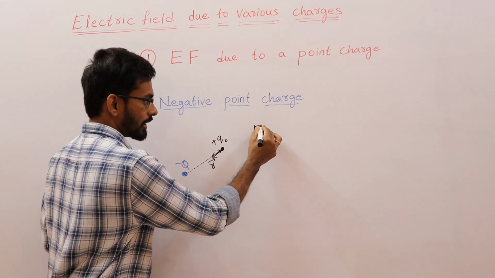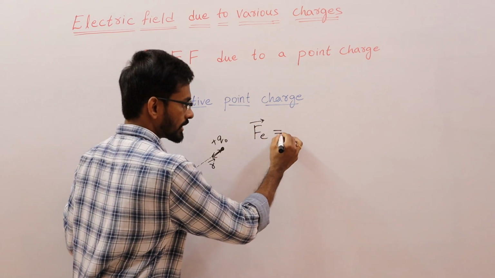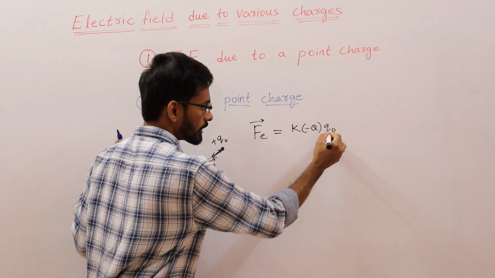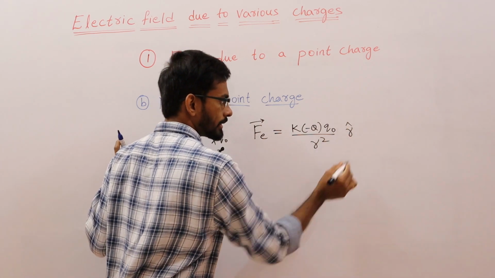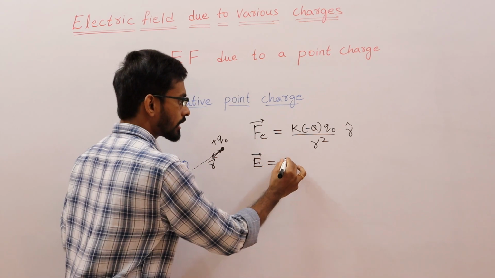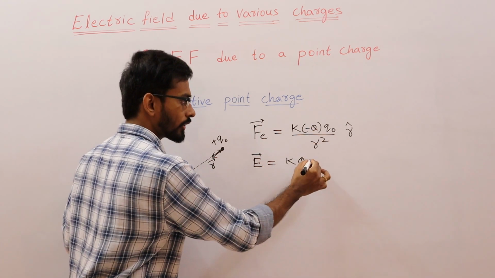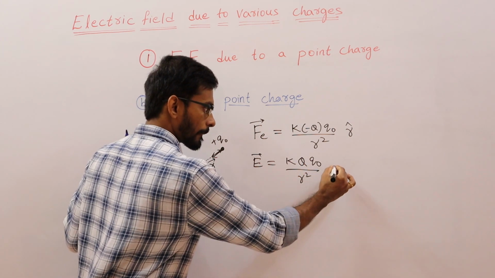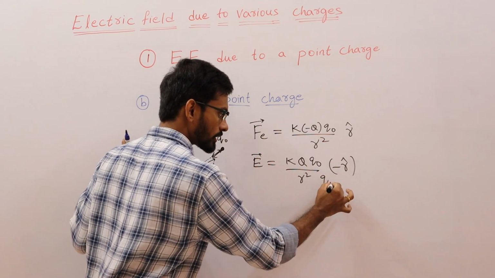So again from the vector form of Coulomb's law, we can write Fe bar as k into minus q into q naught by r square into r cap. So here electric field will be k into minus q naught by r square into r cap divided by q naught.